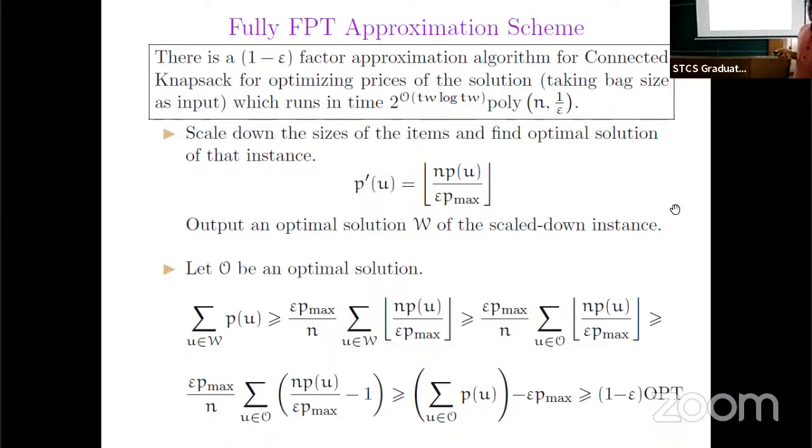I think what he's pointing out is that FPT is not fully fixed-parameter. This is not polynomial. The parameter is TW, correct. So when the parameter is small, formally when the parameter is constant, then it is FPT.